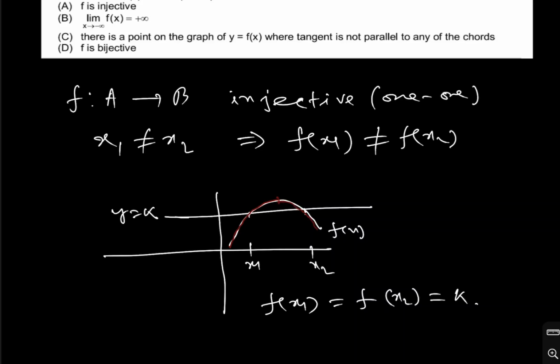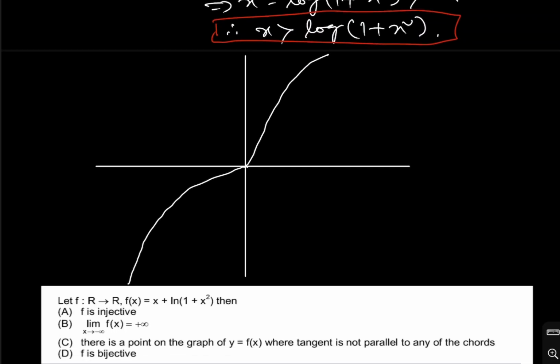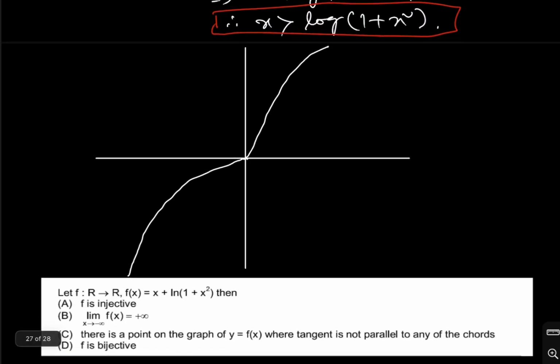So any line parallel to the x-axis can cut at two distinct points. Okay, so in that case the function may fail to be injective. So the criterion for a function to become injective is that it will be either strictly increasing or strictly decreasing.